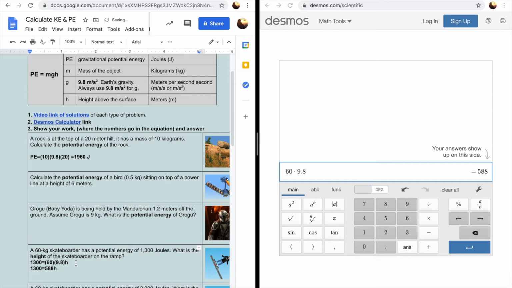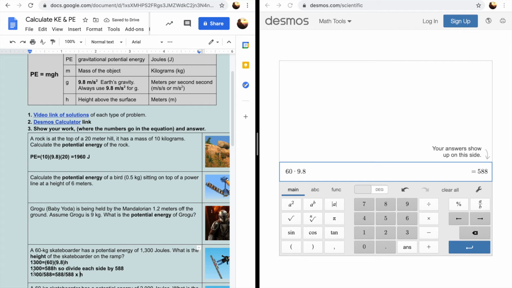A lot of people panic like, oh my gosh, I don't know how to do it. Pretend h is x and you're in algebra class. See? Easy. So we have to divide each side by 588. We've got 1,300 divided by 588 equals 588 divided by 588 times h. No big deal.